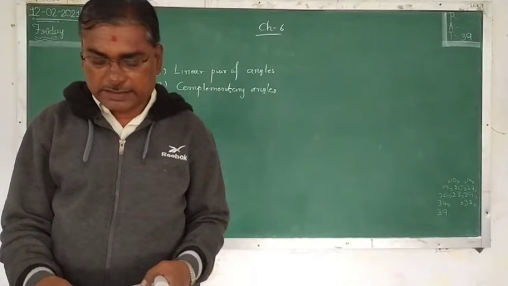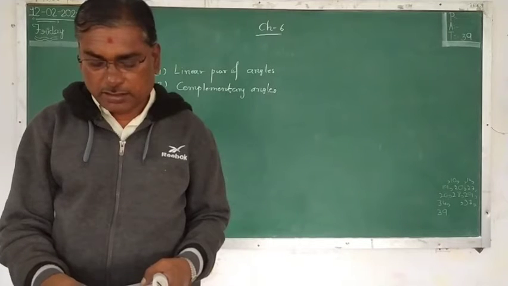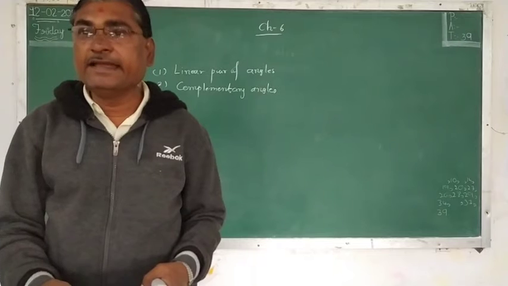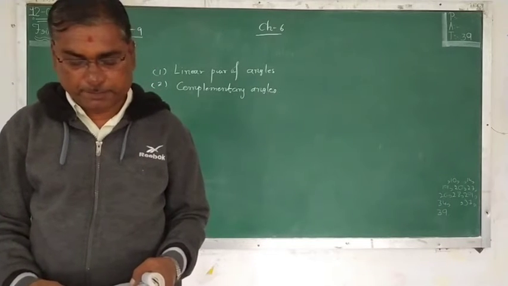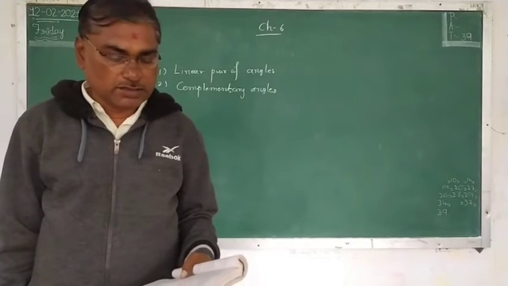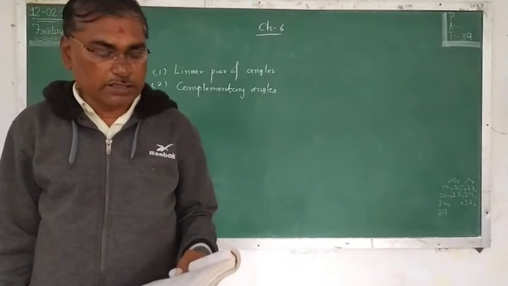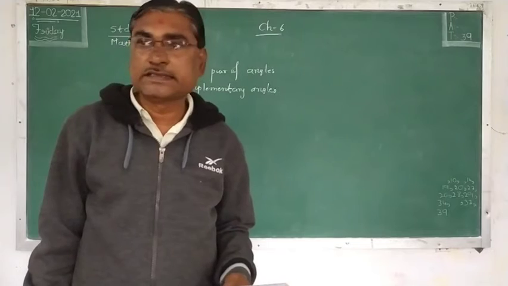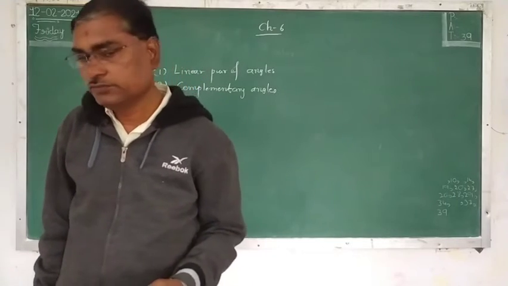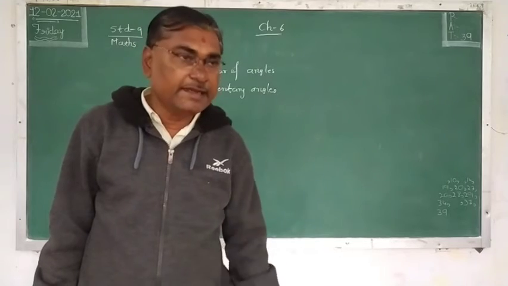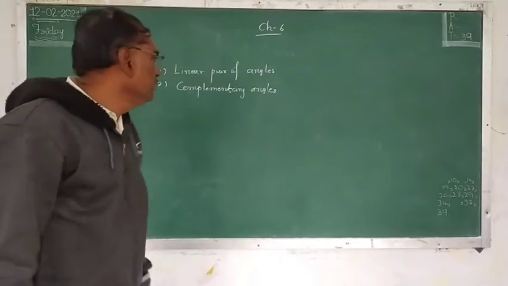Two angles whose sum is 90 degrees are called complementary angles.